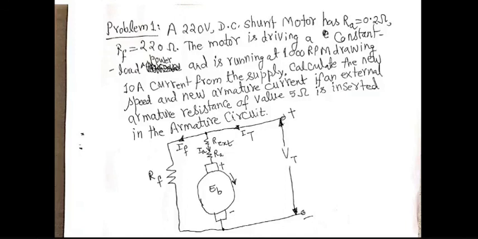It's a shunt excited motor, so I am showing RF in parallel with armature. And they are telling me that they are connecting an external resistance in series with the armature. So I'm showing that as REXT in series with RA. And the rest of the story is, I think, well known by now. Okay. We will solve this problem.